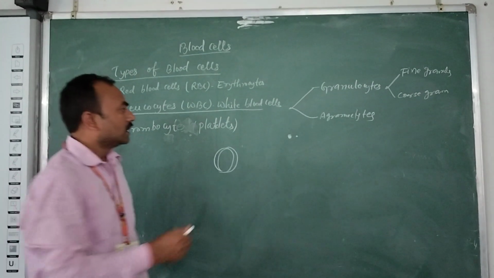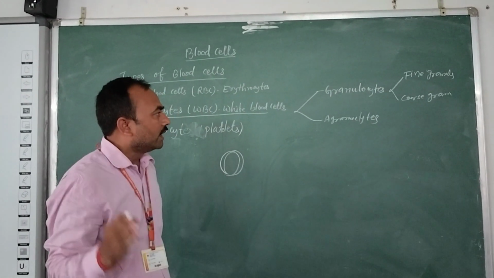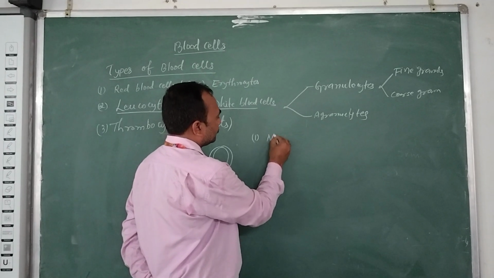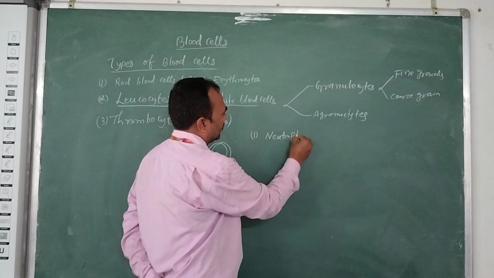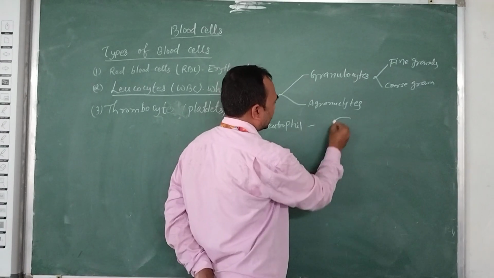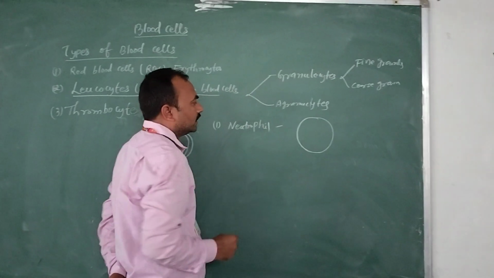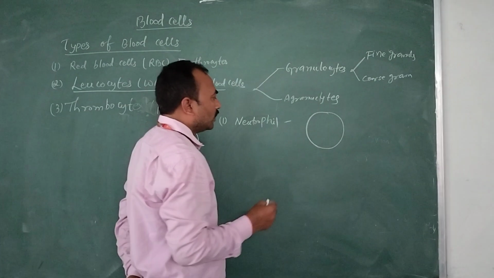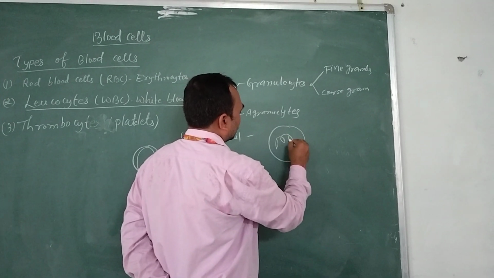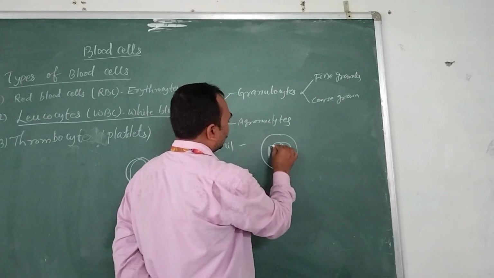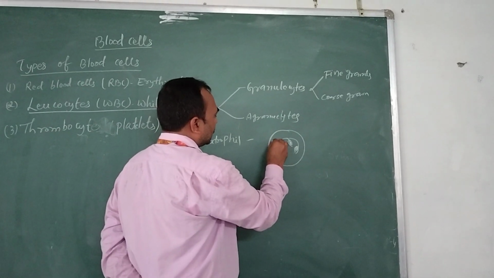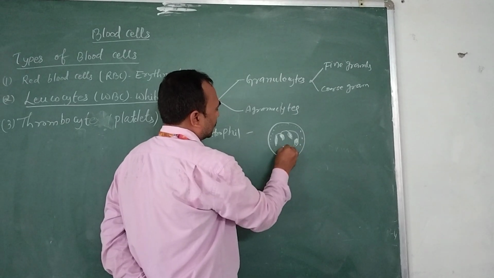In the differential, the cell in the fine granules category is the neutrophil. In the neutrophil structure, the nucleus is in lobes. There will be 3 to 5 lobes present in a neutrophil, and the granules will be very small in the cytoplasm.